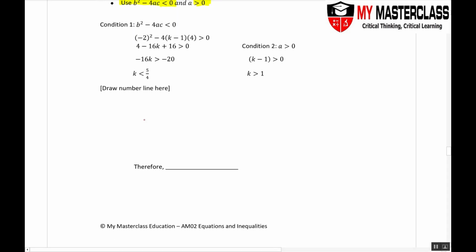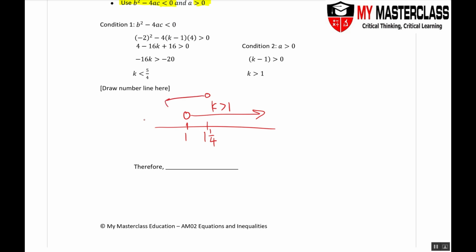So if we were to draw a number line, this is 1. Let's draw out k more than 1, so towards the right, I'll label this k more than 1. 5 over 4 is bigger than 1 because it's 1 and 1/4. Same thing, k less than 5 over 4, there's no equal sign for both, so it's a hollow circle.